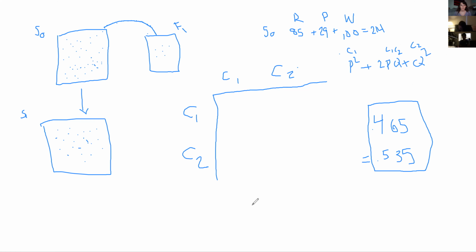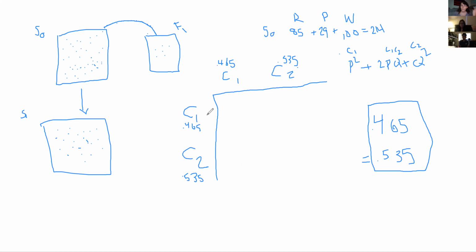So we'll go through this. You're basically going to set this up, and then you'll have your 0.465 for the C1 frequency, 0.535 for the C2, 0.465 for the C1 on the top, 0.535 for the C2 on the top.